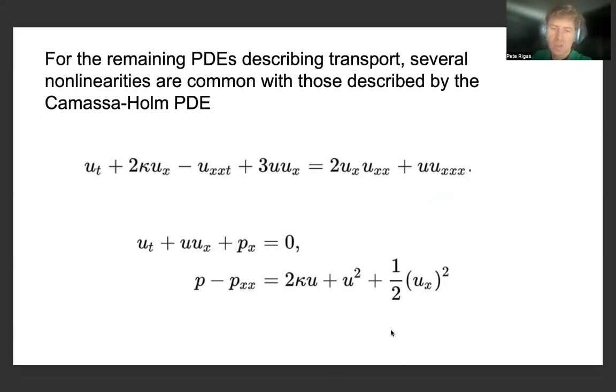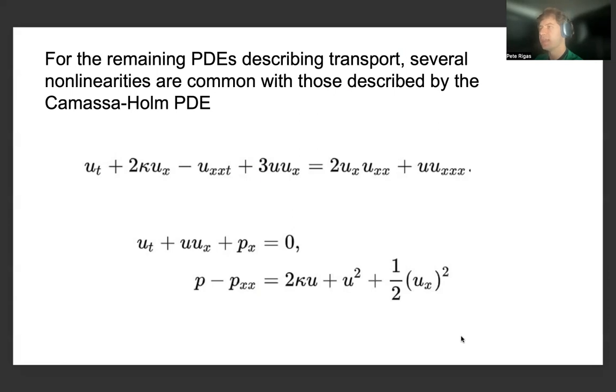And one can also express the Camassa-Holm equation in terms of a PDE system, which is given from this form. And this is just to say that many of the nonlinearities that were studied and classified and experimented with in the Camassa-Holm equation, they share in the nonlinearities that are present in the convection-diffusion equations. So even though the statement of both of these partial differential equations isn't exactly the same, running the algorithm in different types of circumstances can still be done, and it can allow us to compare different nonlinearities of other partial differential equations depending on the initial condition that we use.